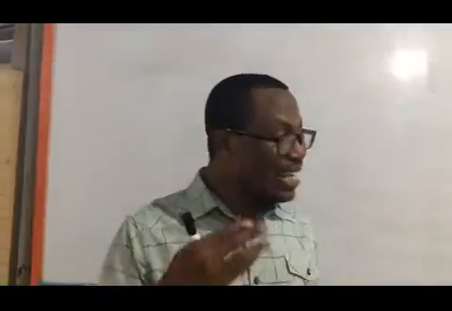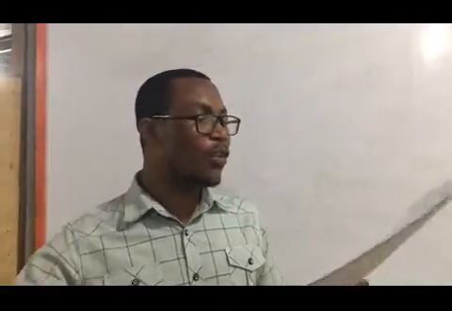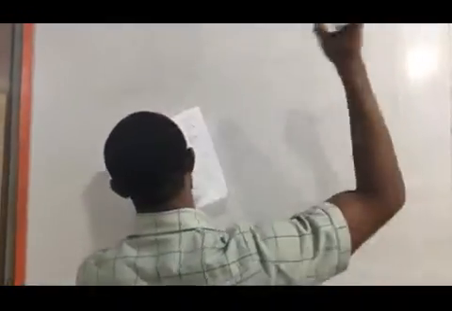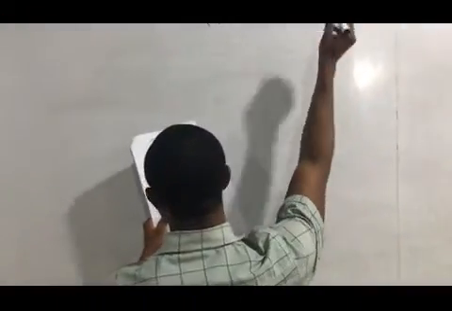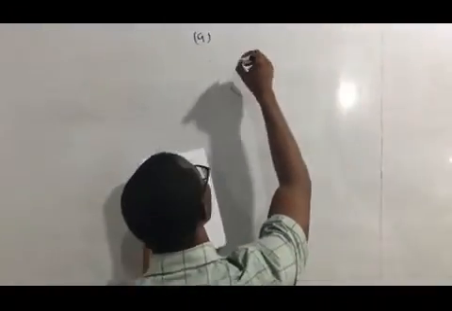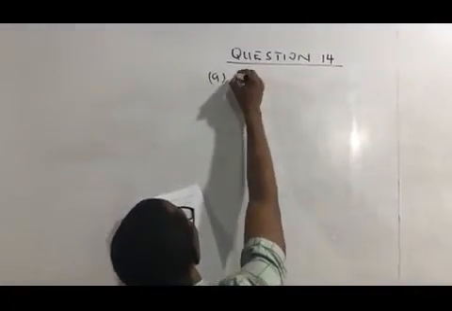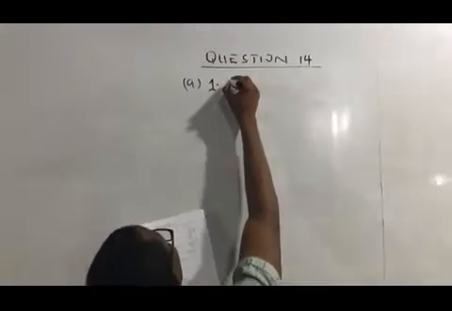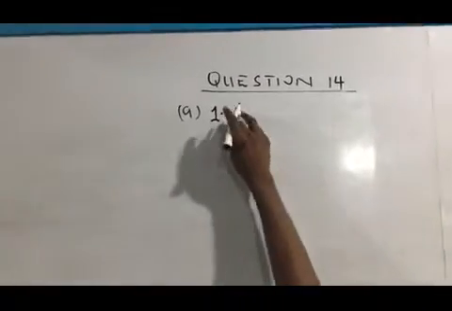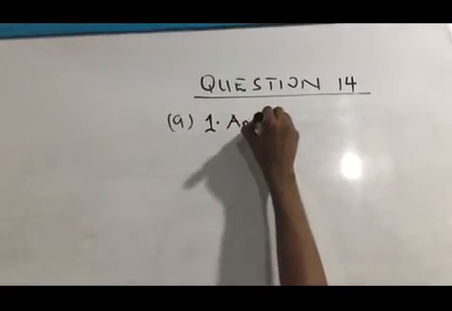So question A is asking, name the reactants labeled A. So it should therefore be an ammonium salt and then a base. So the reactants labeled A should be 1, ammonium salt, specifically ammonium chloride.